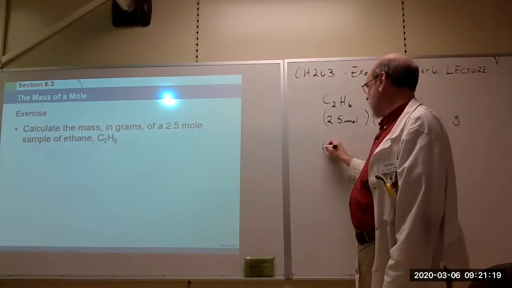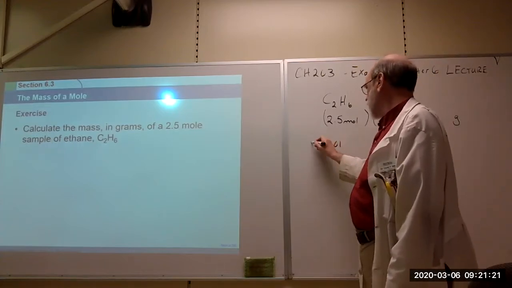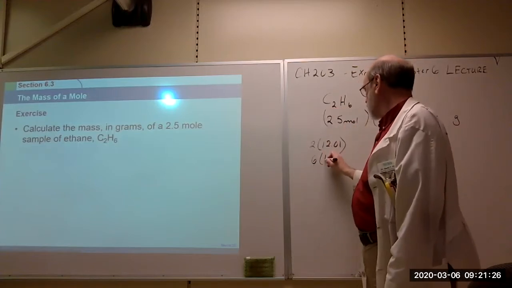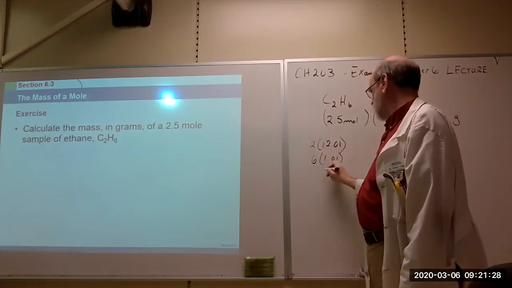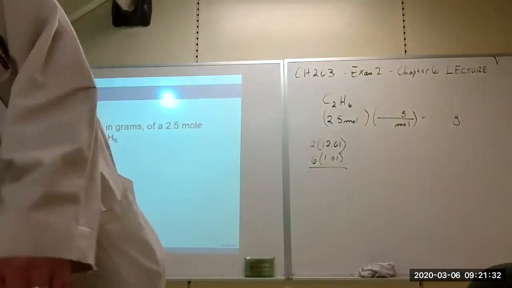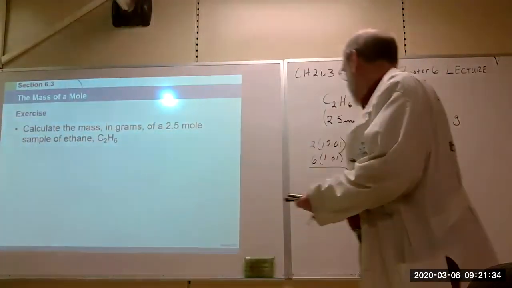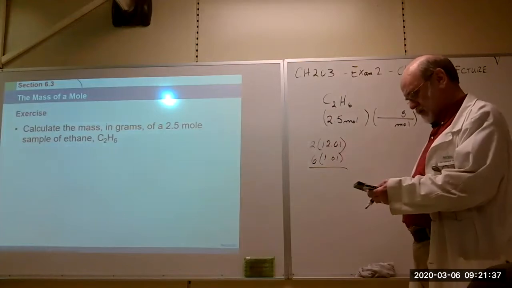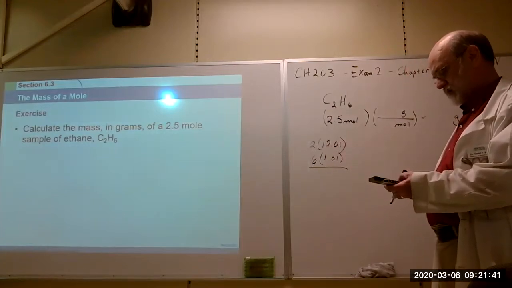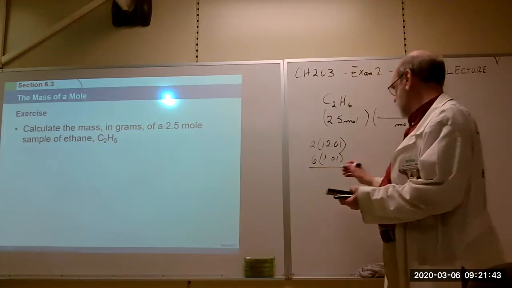So the molar mass of this compound is what? Well, let's see, we have 2 of those, right? And we have 6 of these. And so we just need a calculator. This is 24.02 and 6.06. So I get 30.08.